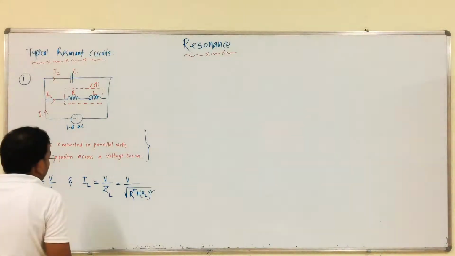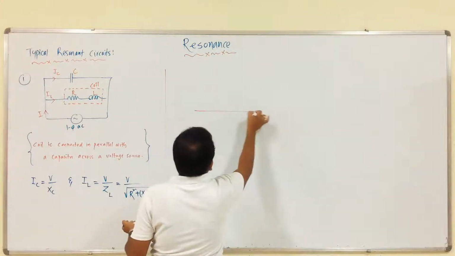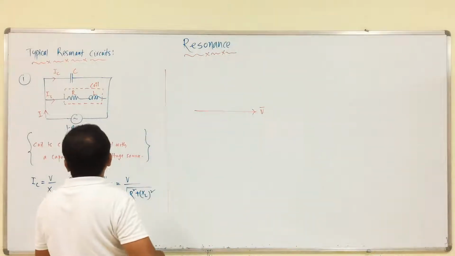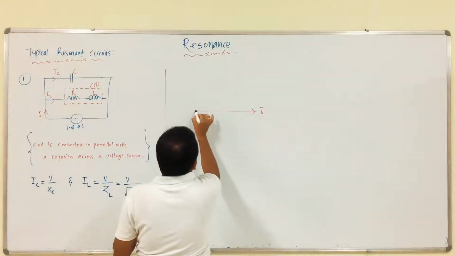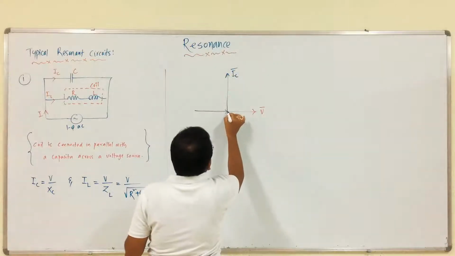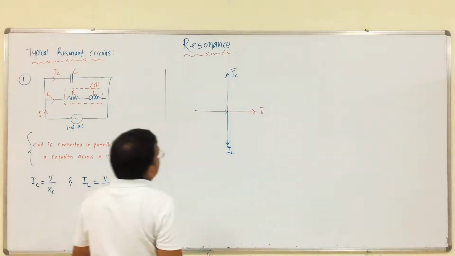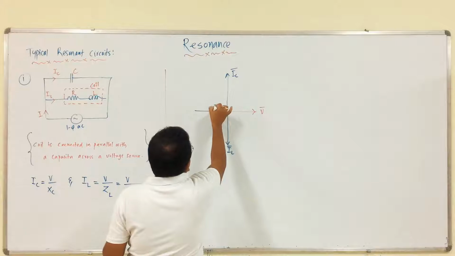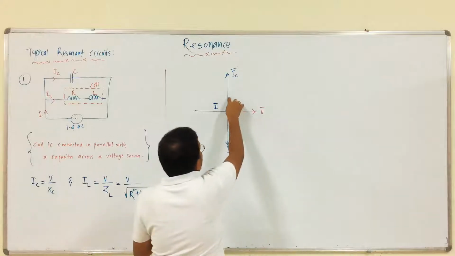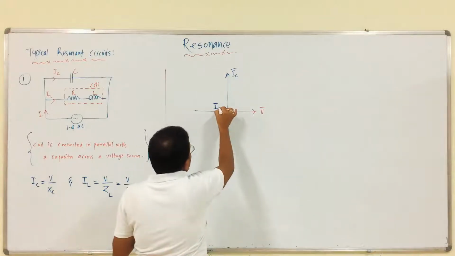Next, what is the phasor diagram for this? This is the voltage or current, you can take anything. We all know that this is IC, this is IL. In the general phasor diagram, this is the total current. If it is a pure parallel RLC circuit, these two magnitudes are equal, therefore the source current should be equal to the current through the resistor, IR.